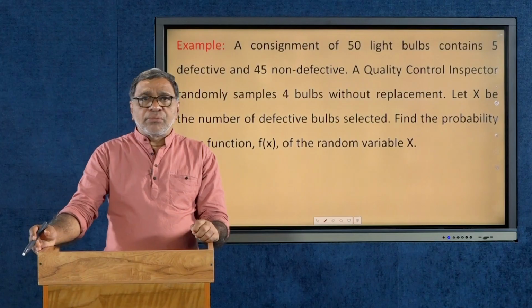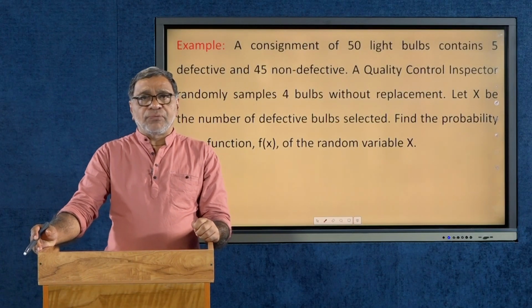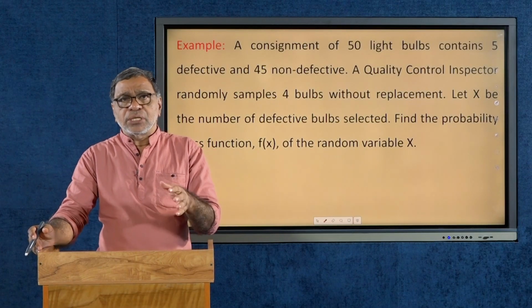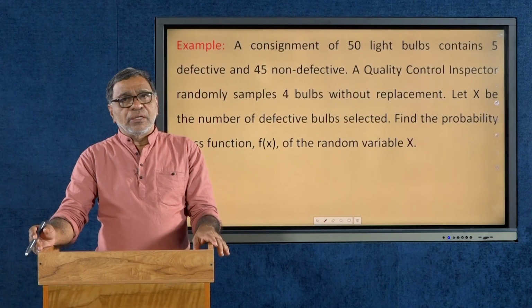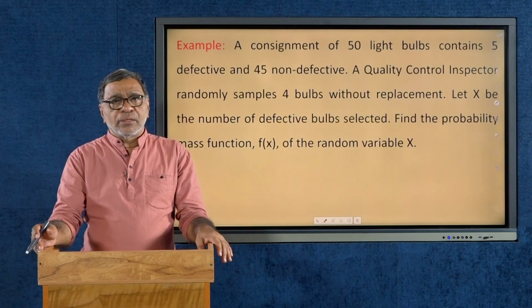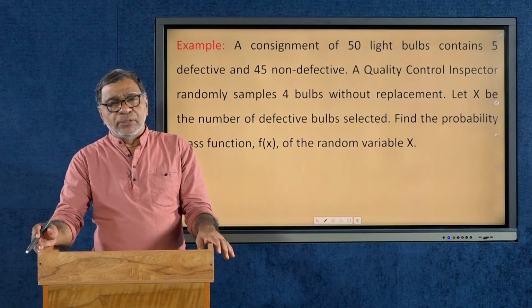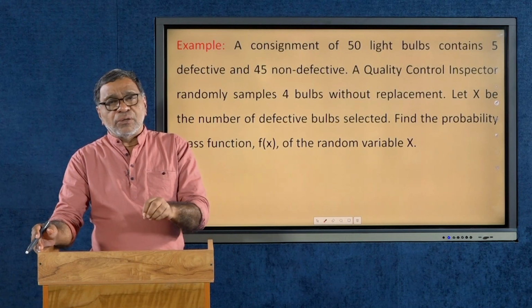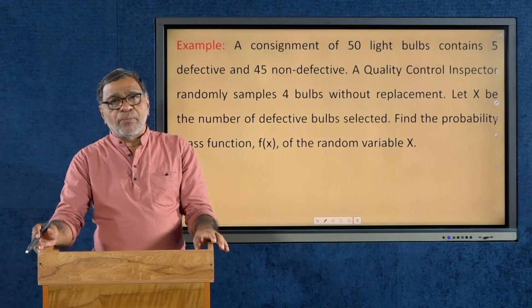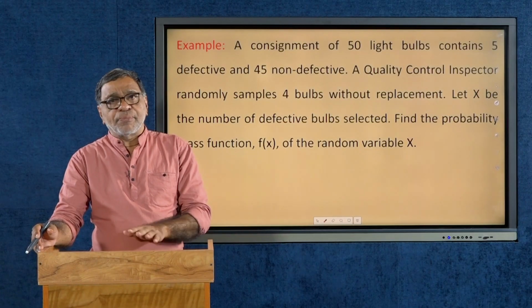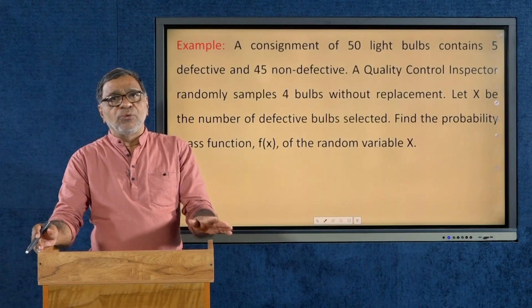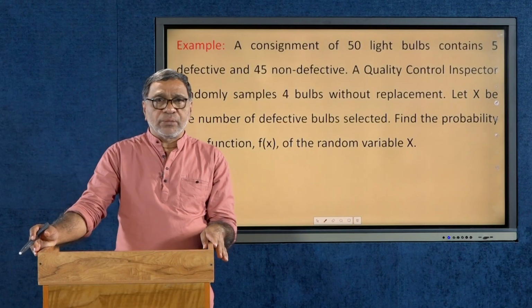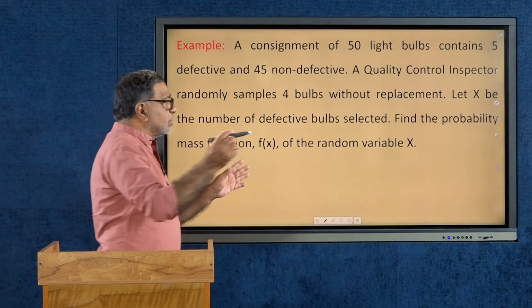Find the probability mass function of the random variable. So this is a usual question in the elementary probability chapter. But remember, the probability value corresponding to this type of problem is actually our probability mass function value of the hypergeometric random variable.